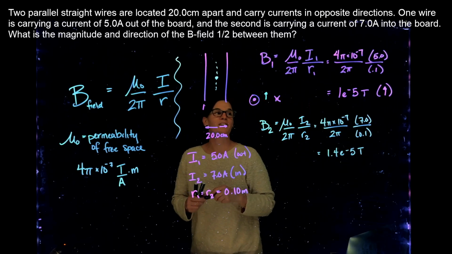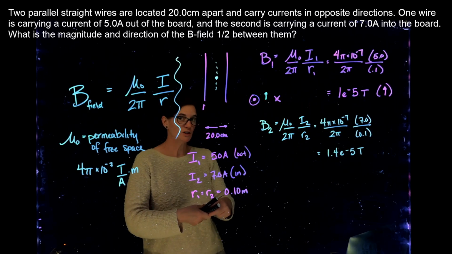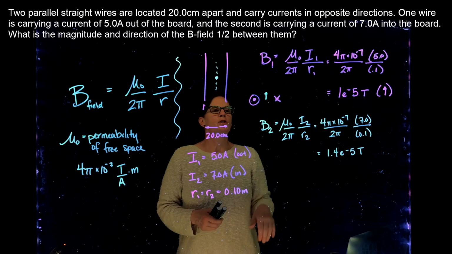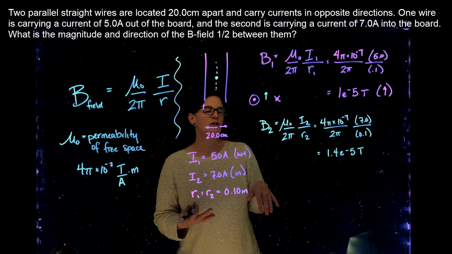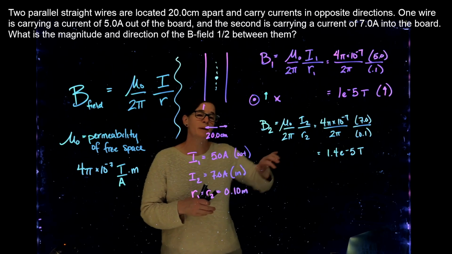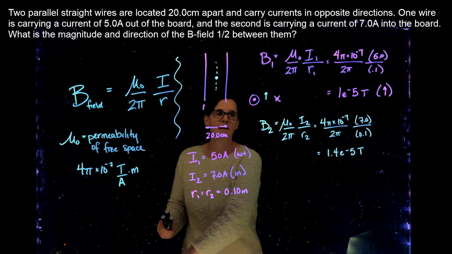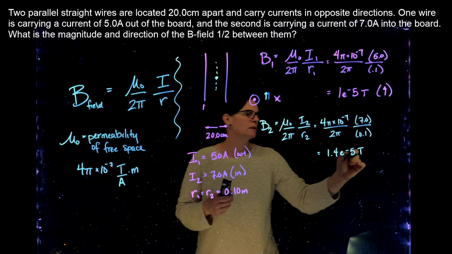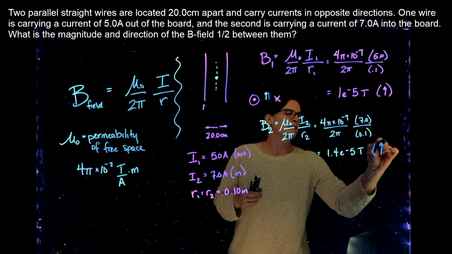Now what's the direction of the magnetic field for this wire? So that current is going into the page. So you take your right hand and put your thumb in the direction of into the page and curl your fingers around. We see for this magnetic field, it too is pointing in the upward direction.